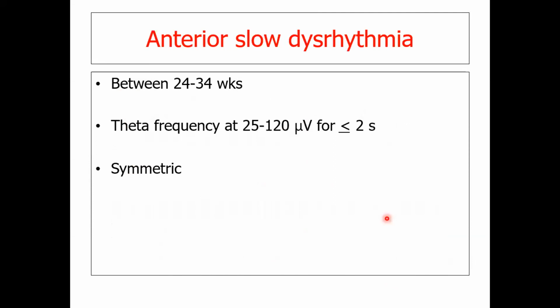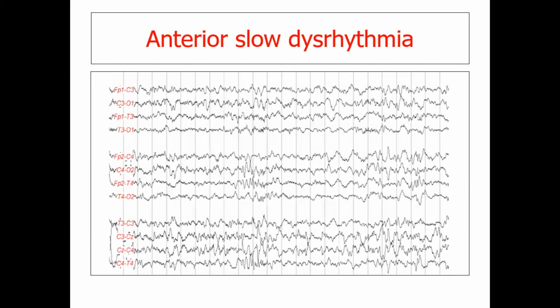Anterior slow dysrhythmia is an anterior variant of developmental EEG manifestation, and this occurs in a theta frequency. These words again, delta, theta, alpha, may sound very scary initially, but once you start seeing the EEGs, they will come reflexively.